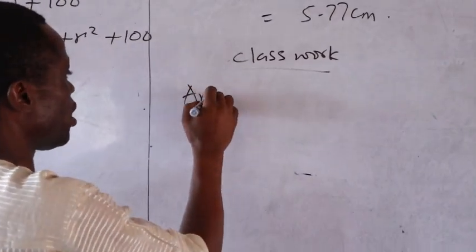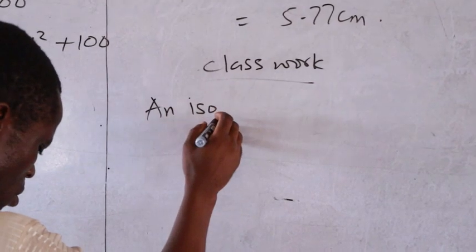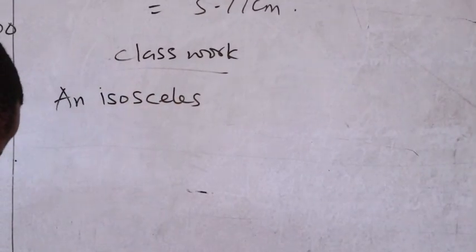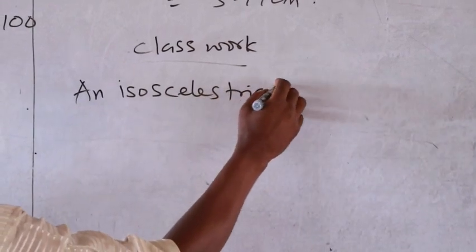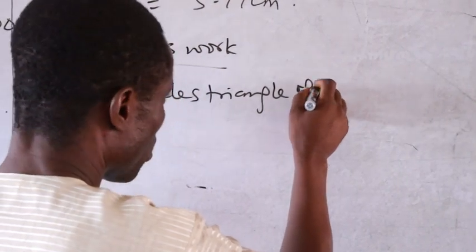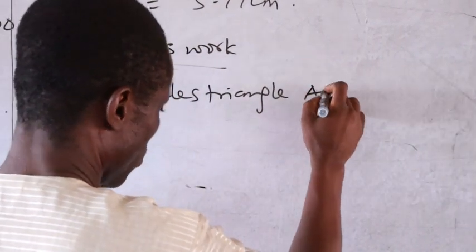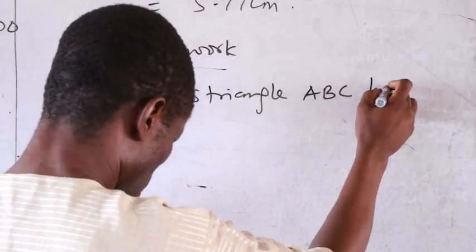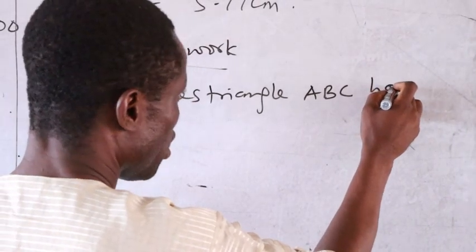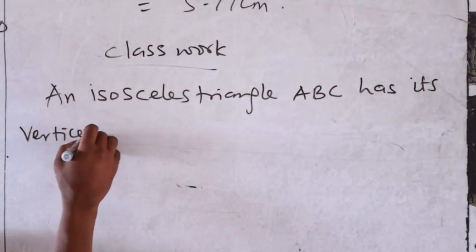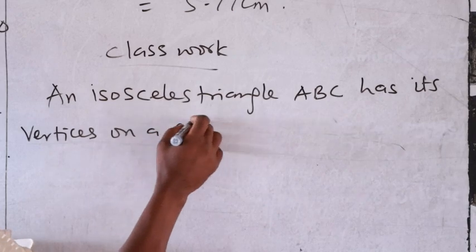An isosceles triangle ABC has its vertices on a circle.